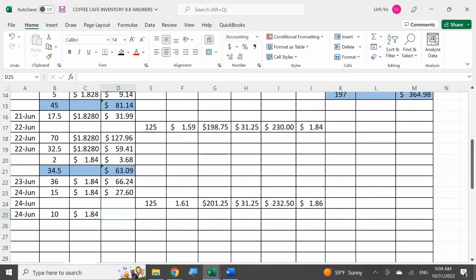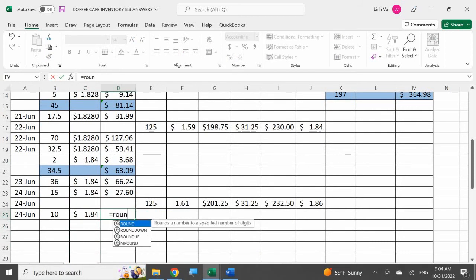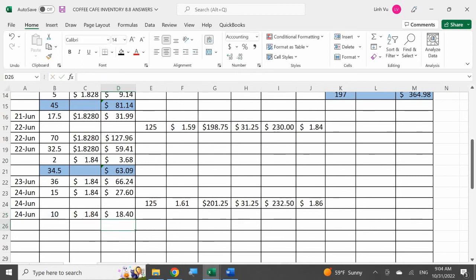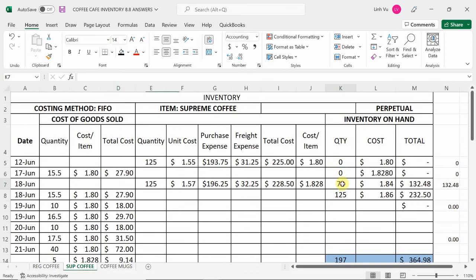So how much is that going to be? $18.40. So let's go ahead and update my inventory. If I had 72 minus 10, you have 62 left.